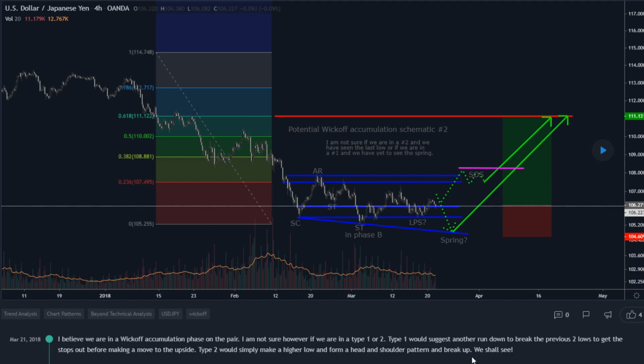So they're very similar, and I trade them accordingly. But in the case of the head and shoulder pattern, you don't have that spring, that kind of shift in the supply and demand that gives you that confirmation that something is brewing here because they're getting the stops out.